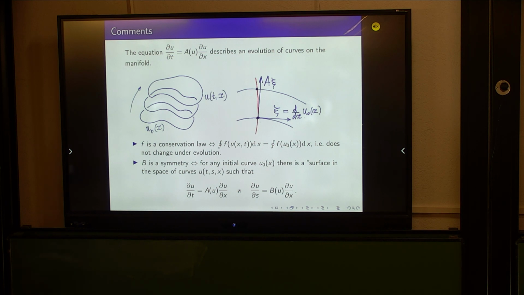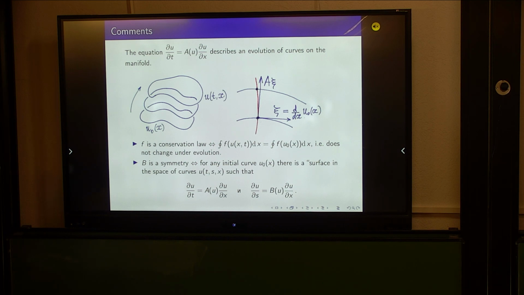It describes evolution of curves. So instead of an initial point, I will now consider the initial curve u0 of x, where x is a parameter on the curve, and then this system of PDEs describes the evolution of this curve.